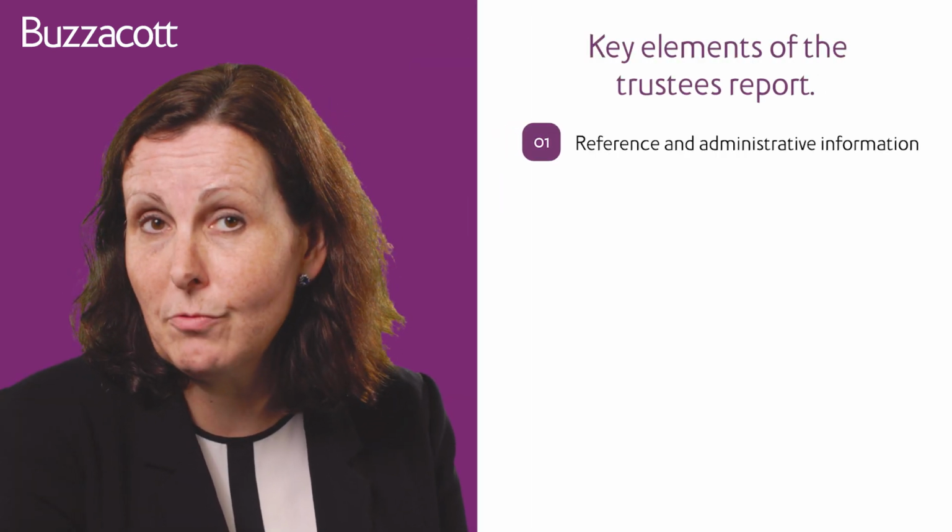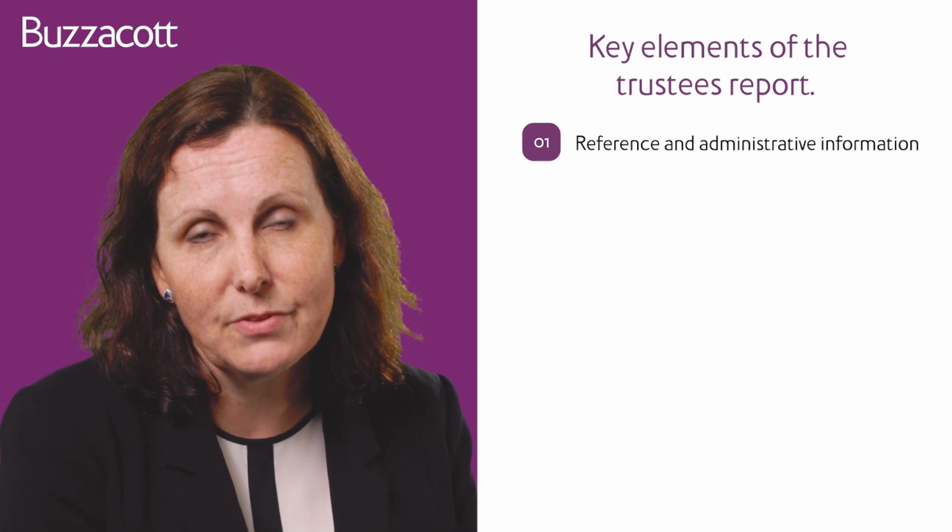So just running through the list we have here, first of all, the reference and administrative information. So this is really your list of advisors, list of your senior leadership, senior management team members, but also a list of the members for the trust and the trustees who've served during the year. You should make sure it reflects those who've served during the year, but also the members and trustees at the date of approval of the accounts.